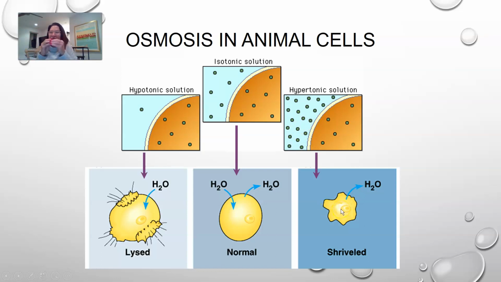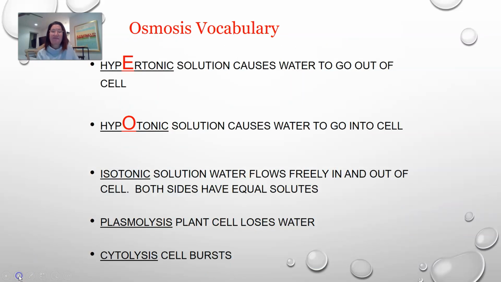So what happens is it shrivels up like this. So all the water that was in this cell has been sucked out, right? So you could think of maybe like a goldfish. If we put that goldfish in salt water, it's going to shrivel up and die, right? Because the salt is going to pull all the water that's inside that goldfish out. And yeah, poor thing, right?